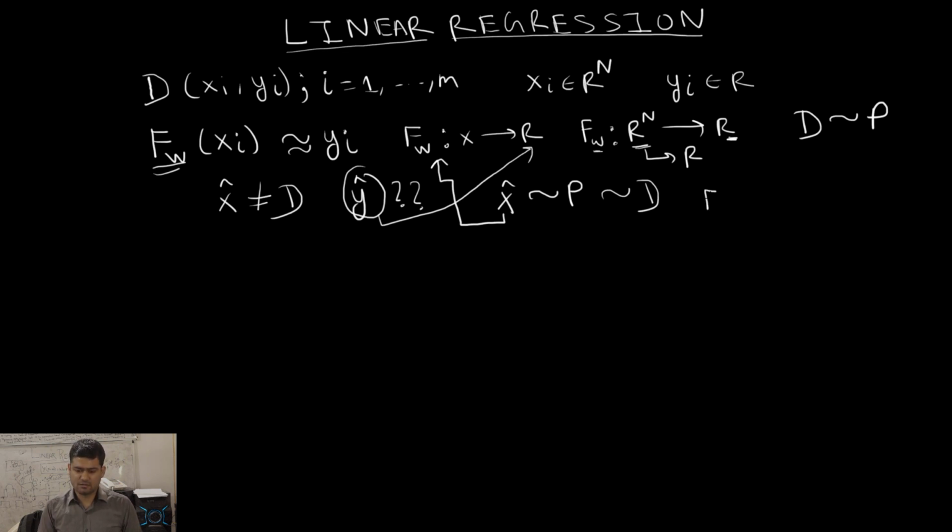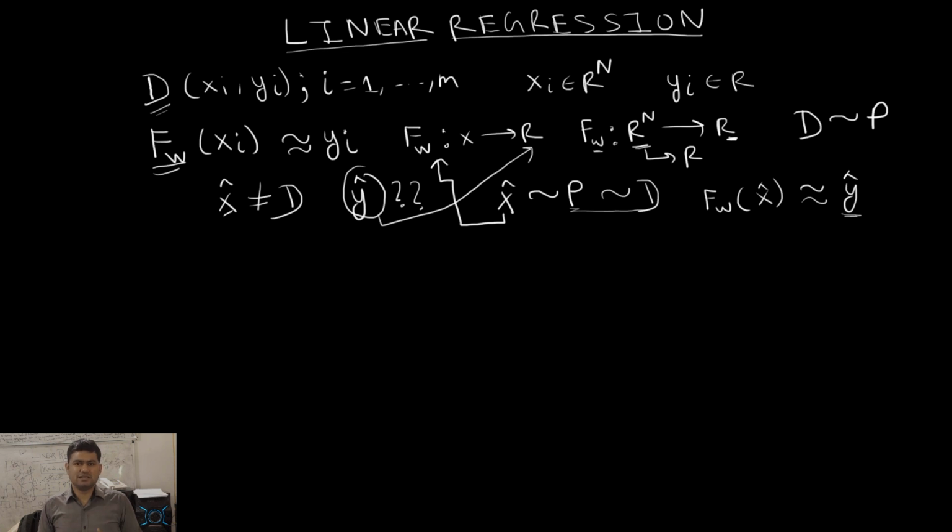So this is what we do in supervised machine learning. We take a data set D, we learn a functional mapping, and for any new variable x hat, which is drawn from the same distribution from which the data set is drawn, we can produce a corresponding y hat.